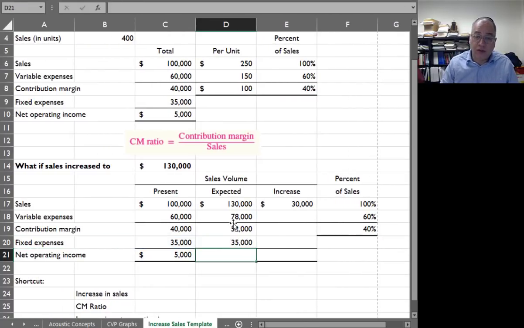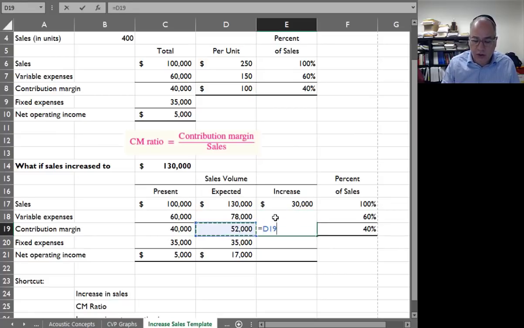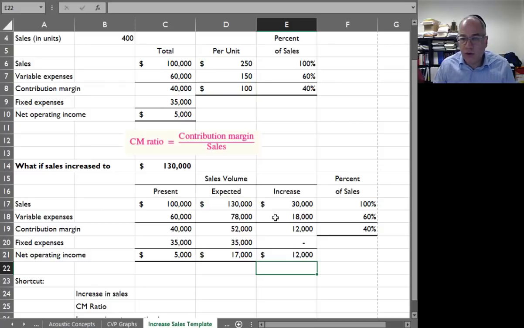Fixed expenses would remain the same, and net operating income would increase to $17,000. So the changes here would be that variable expenses would increase by 18,000, contribution margin would increase by 12,000. Fixed expenses would not change because they're fixed expenses, and net operating income would increase by $12,000.